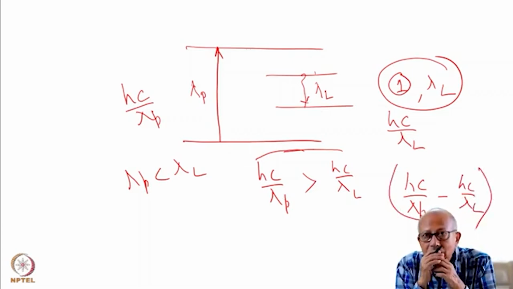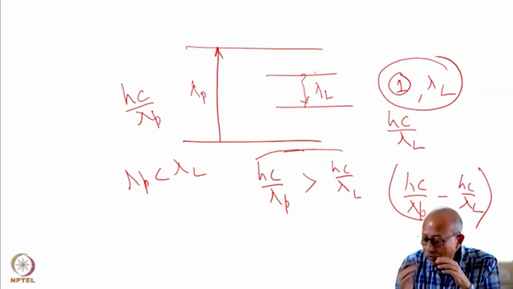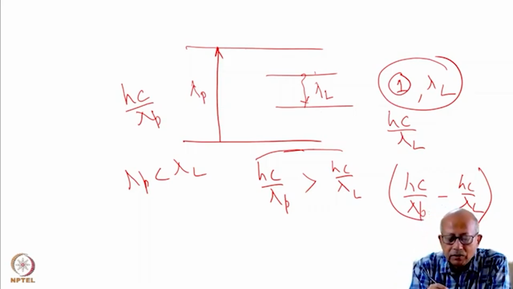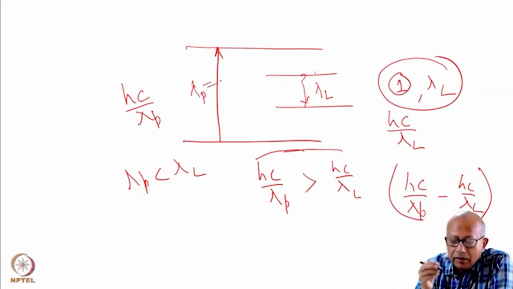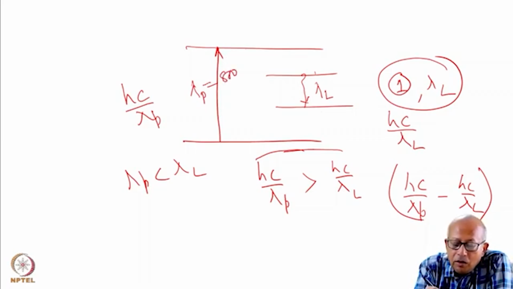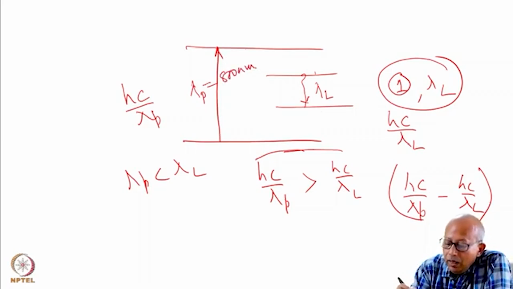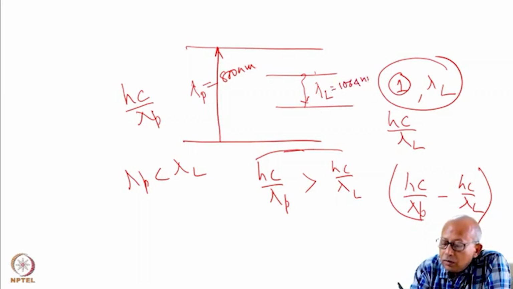For an Nd-YAG laser, the pump wavelength is around 800 nanometer and the lasing wavelength is 1064 nanometer.